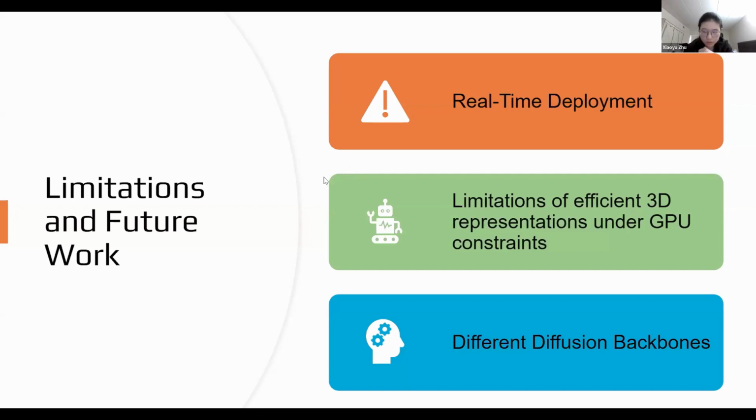The second limitation is because of the constraints of GPU memory. When we process the 3D point cloud, we cut it into different pieces, which means we can't fit the entire 3D point cloud into the GPU.